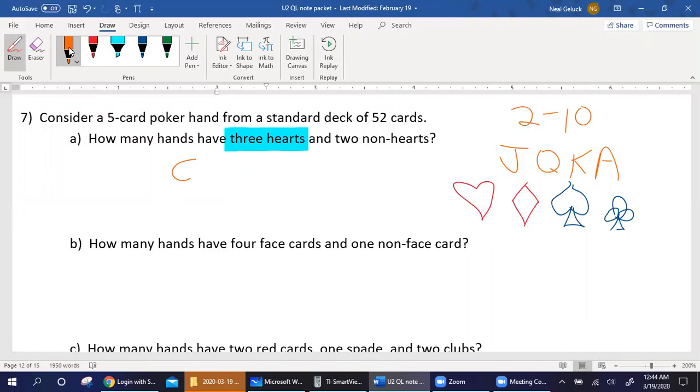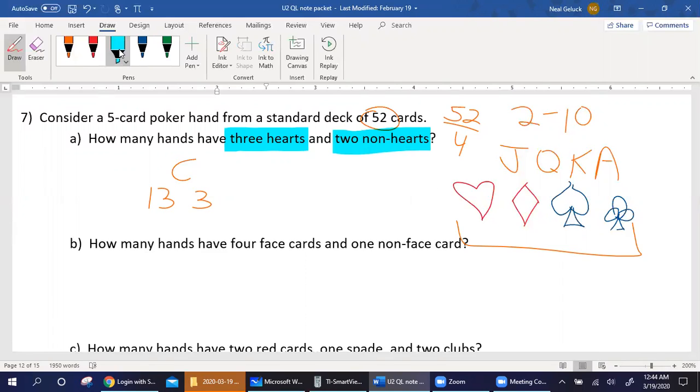Well, since there's 52 cards split up in 4 different suits, 52 divided by 4 is 13. So basically each suit has 13. So 3 hearts. There are 13 hearts total. I'm choosing 3 of them.